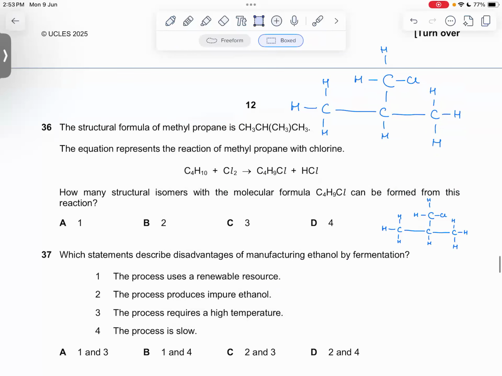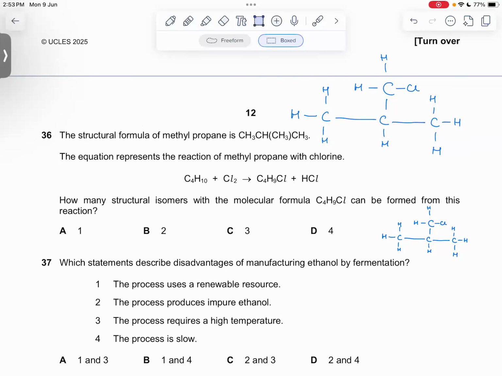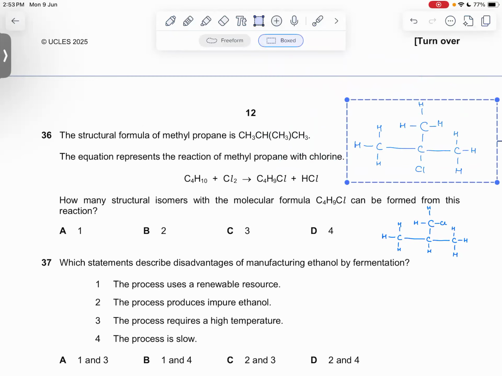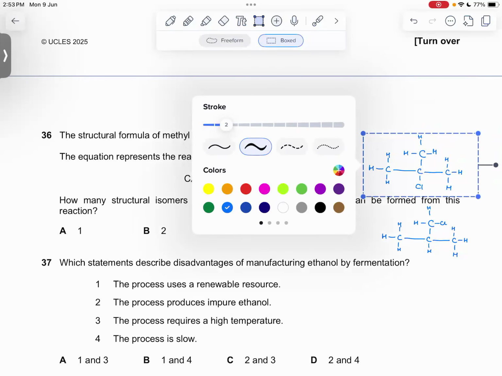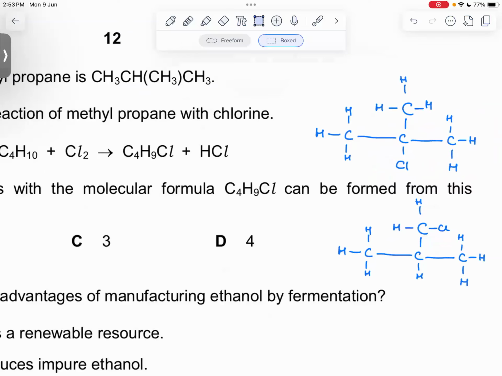It could either be this, or we could have another isomer in which chlorine is on this carbon, which is different from all the other carbons. So these are the two places where chlorine could potentially be, and they would give isomers of one another.